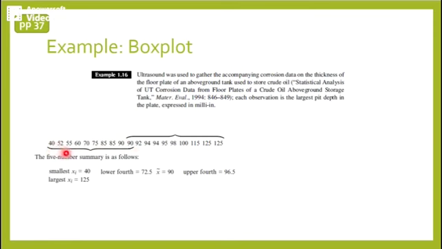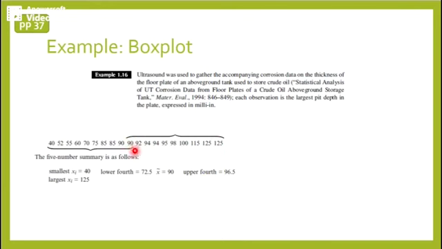I take 1, 2, 3, 4, 5, and 1, 2, 3, 4, 5. So it's the average between 70 and 75 because it's exactly in the middle. So that's 72.5.